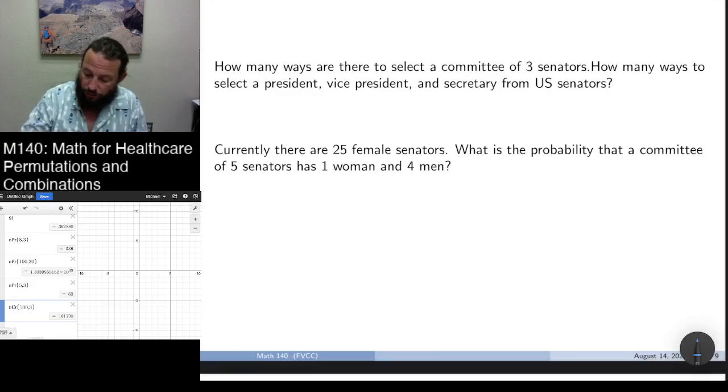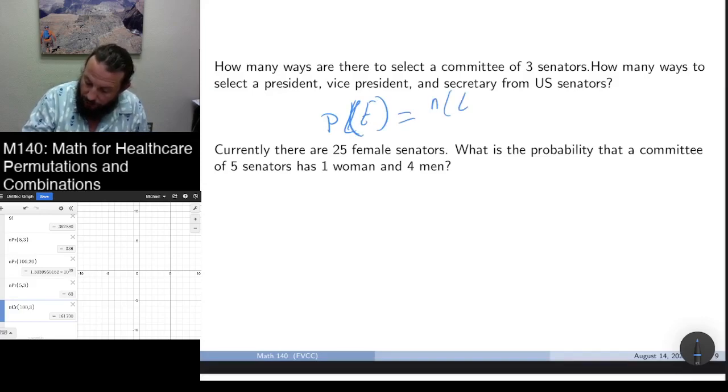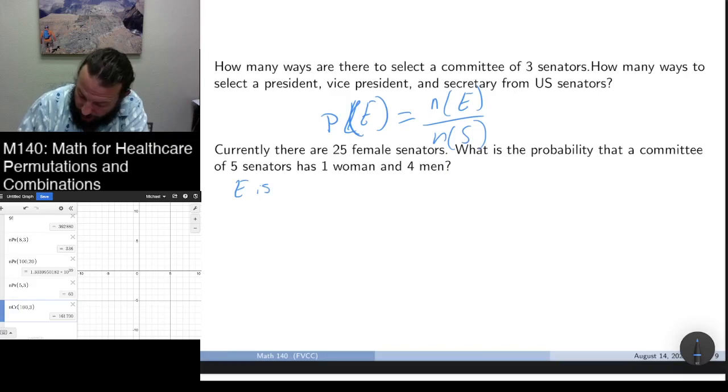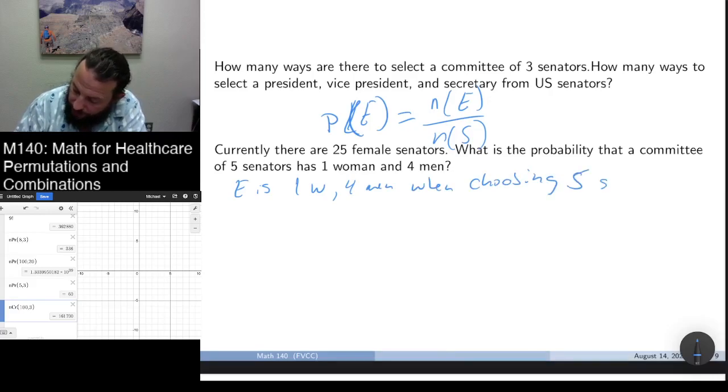And don't forget, the probability of an event E equals the size of E over the size of S when we have a finite and uniform sample space, right? So here, let's just say E is 1 woman, 4 men when choosing 5 senators.